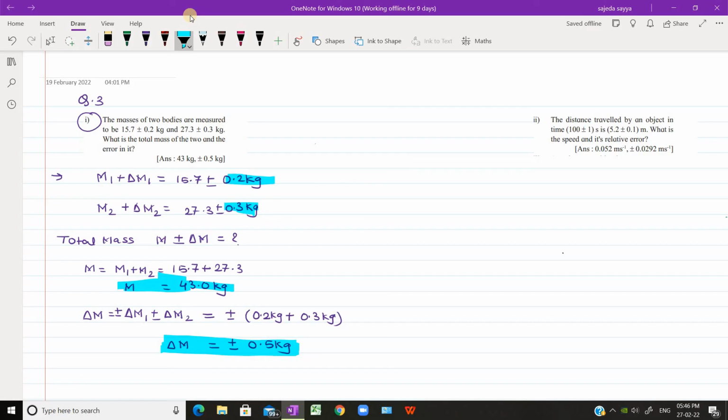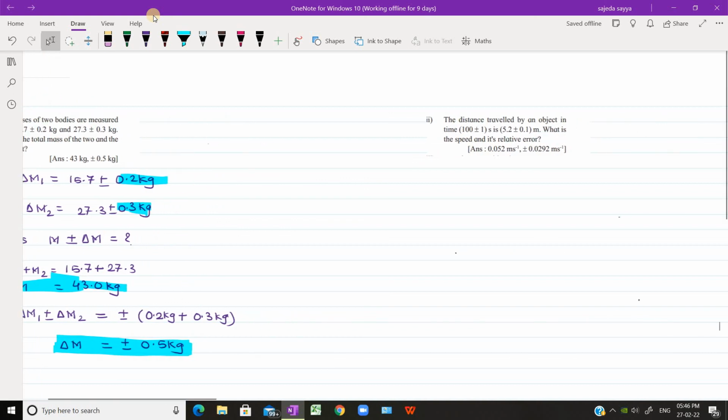Okay. Question number 3. In that, sub question number 2. Let us read that problem. The distance traveled by an object in time 100 plus or minus 1 second is 5.2 plus or minus 0.1 meter.